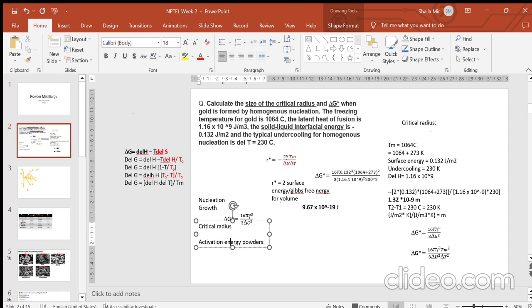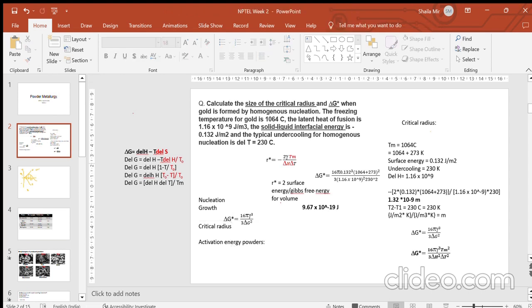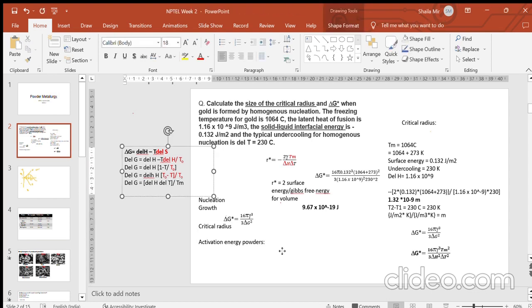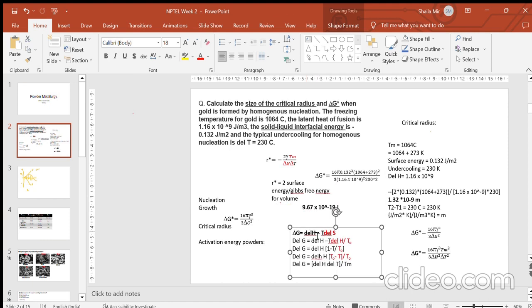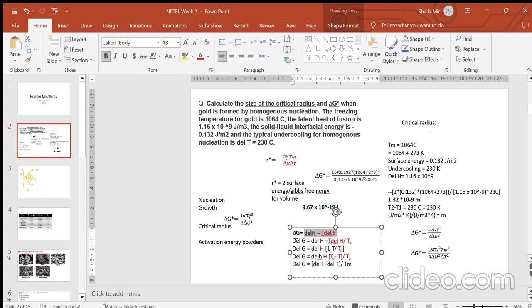One second. So we did this where we said that delta G is equal to delta H minus T delta S. This is based on thermodynamics. Now we replace this entropy term in terms of enthalpy, because we know that entropy is defined as H by T. So any value of entropy will be a factor of its enthalpy based on the temperature.